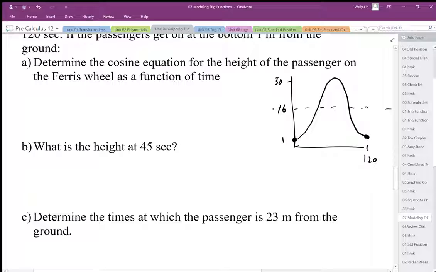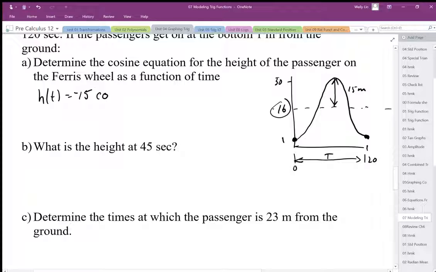I need the amplitude, 15 meters. I need the middle, 16. I need my period, from 0 to 120, is my period. And I'm going to use a negative cosine, so I'm going to use the 1 as my start. So my height as a function of time is equal to the amplitude or radius.